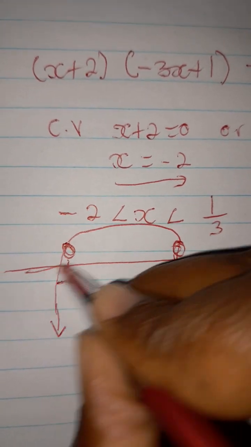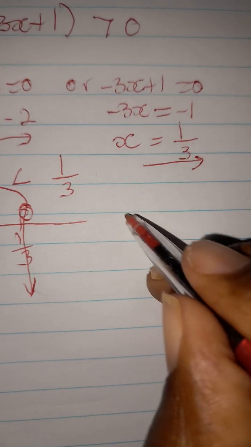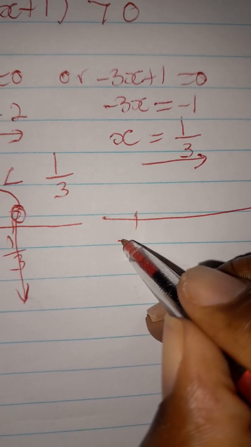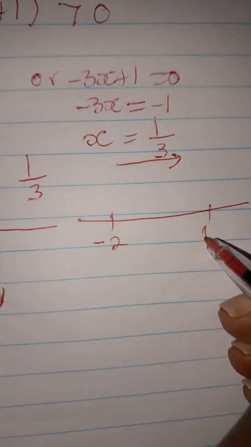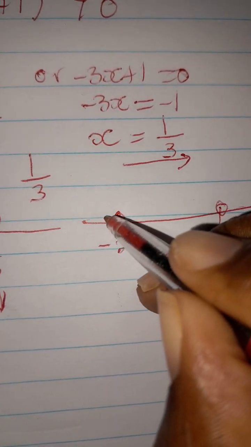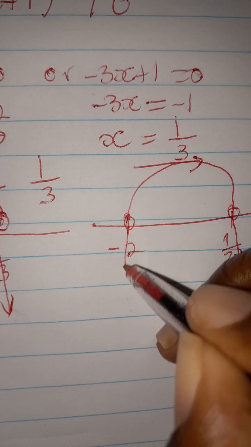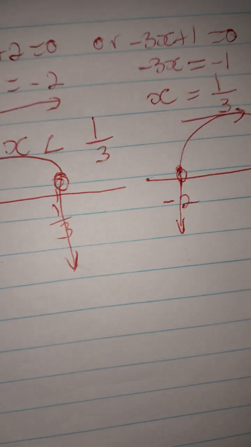Yours will be more accurate, my drawing is not proper, but we are going to have something like this, with negative 2 and 1 over 3. Much better. So it's going to be open dots.